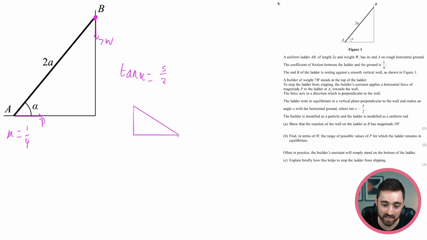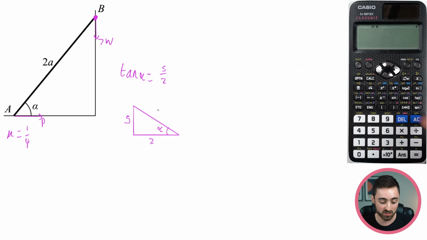If I have this here, and this is alpha, well then tan, which is opposite over adjacent, would mean that the opposite is 5 and the adjacent is 2, right? So if I was to now grab this calculator that has just fallen on the floor and do Pythagoras to get the hypotenuse, what am I going to get? I'm going to get the square root of 5 squared plus 2 squared, which is root 29.